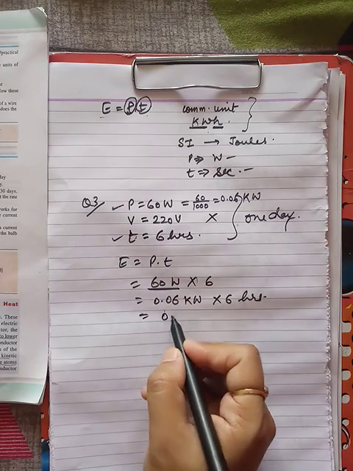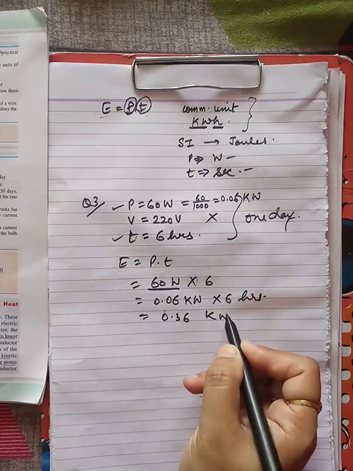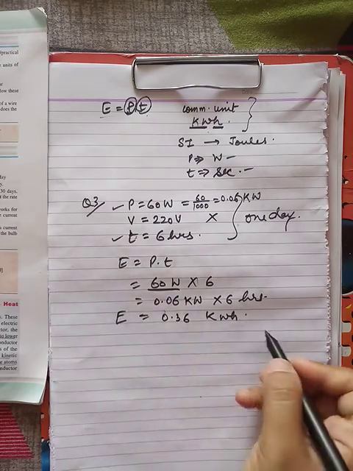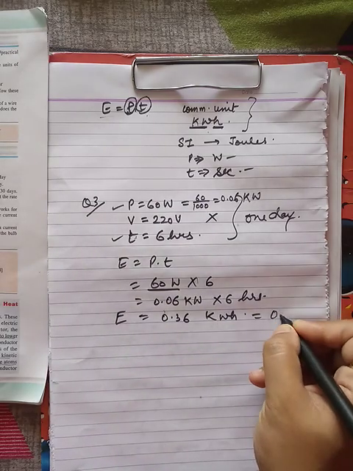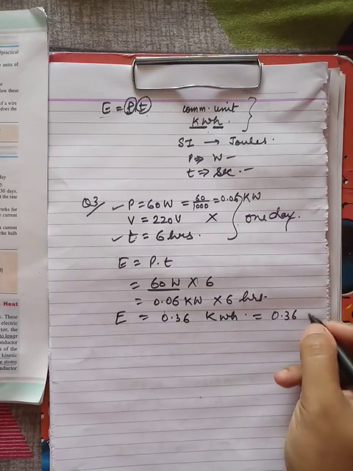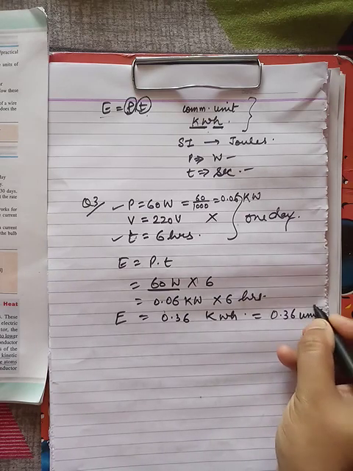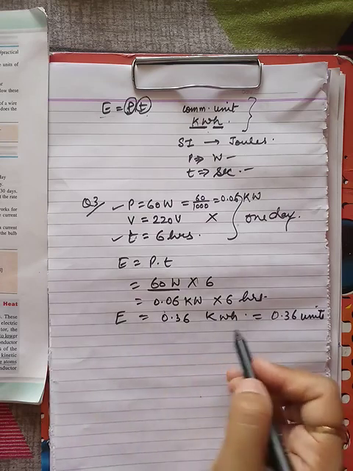So it will be 0.36 kilowatt hour, that is equivalent to 1 unit. 1 kilowatt hour is 1 unit, so it can be said as 0.36 units. So it is for 1 day.